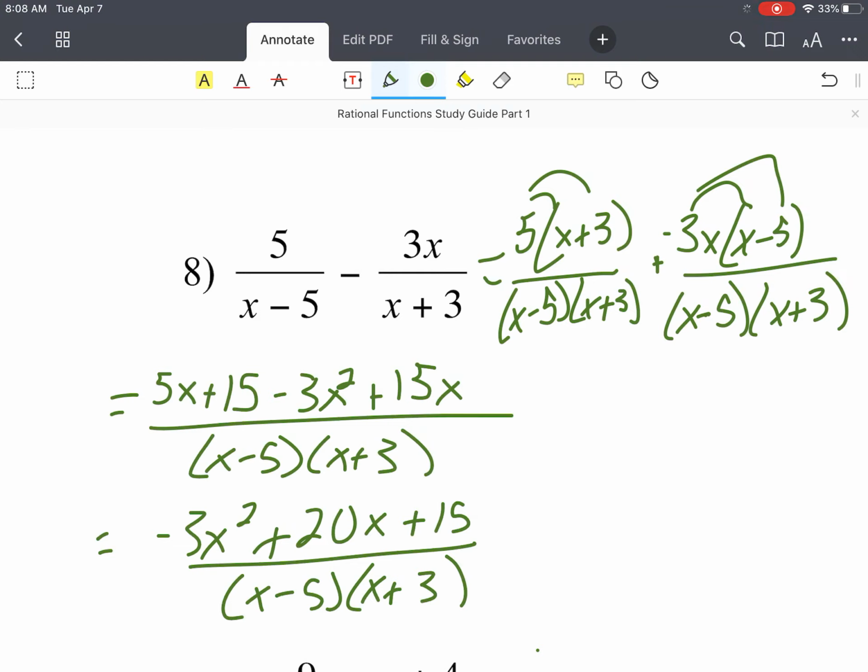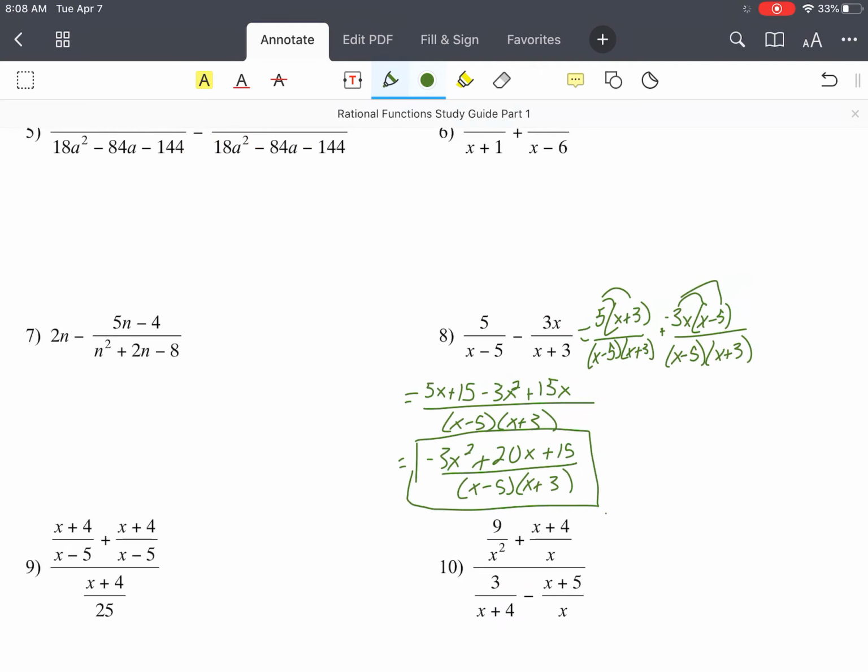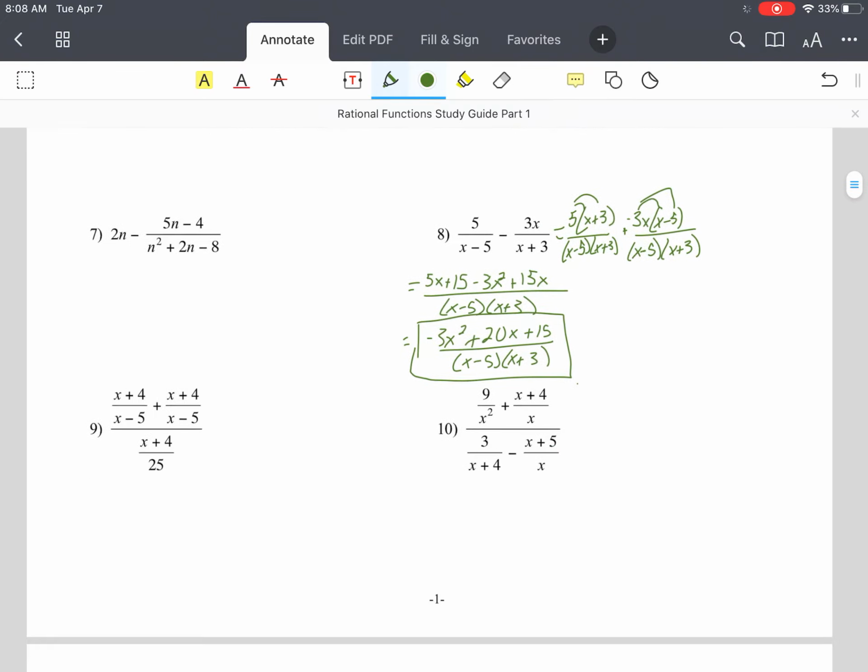If I do like 3 times 5 and 1 times 3, that's not going to get me there. Yeah, that's not going to factor. So there's our answer. Okay, so common denominators, and you've got to fix everything, and then you've got to simplify it all and get your final answer.